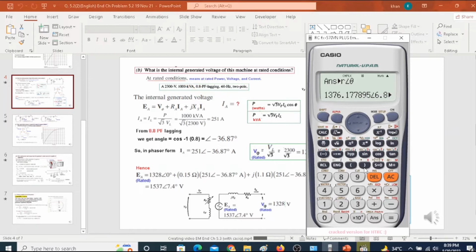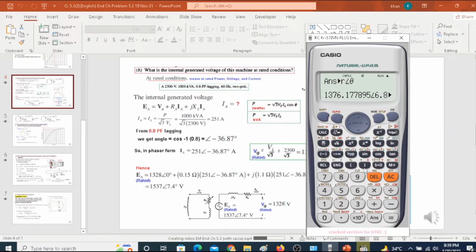So we know the power given, and we know the terminal voltage, and we can calculate IL, which is actually IA also. The line current and the phase current are the same. So from here we can say that IA, which is equal to IL, is equal to power divided by root 3 VL from this formula. Vt is VL.